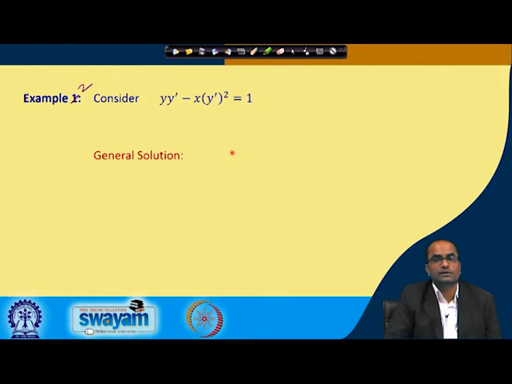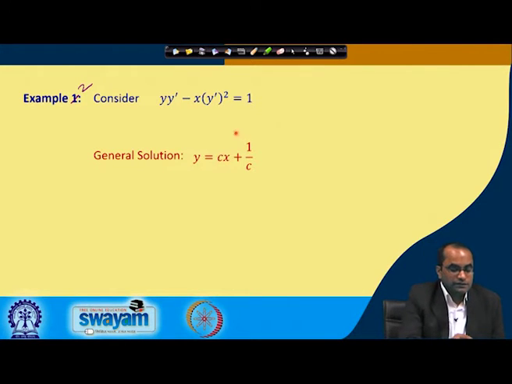The techniques we will discuss later on, but the general solution of this differential equation comes out to be y = cx + 1/c. Here we have a one-parameter family, c being the only parameter in this equation, and one can easily verify that this satisfies the differential equation for any value of c.